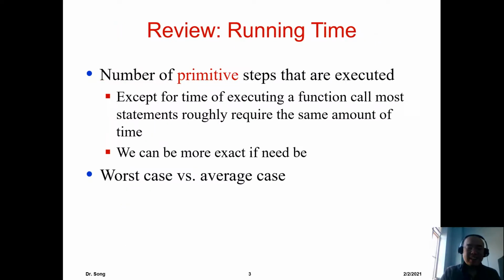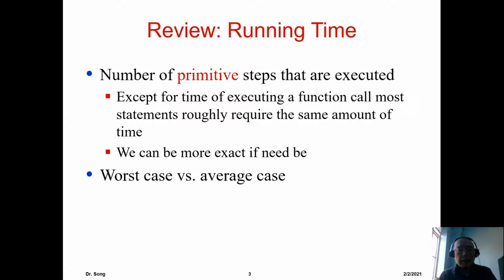Okay. For the running time, remember when we analyze the running time, we are not using a stopwatch to time how long it runs. Or if you want to do it old style, you can use a standard timer. We are not doing this. Our approach is to count how many primitive steps have been executed from the beginning of the algorithm all the way until the program is finished.